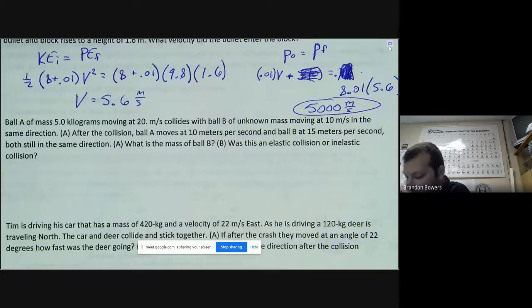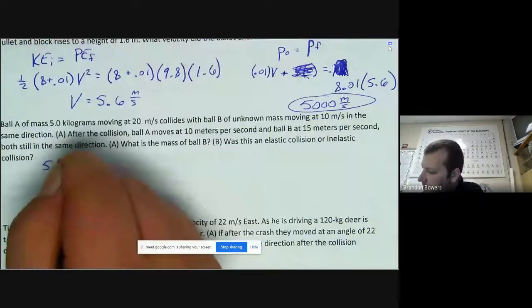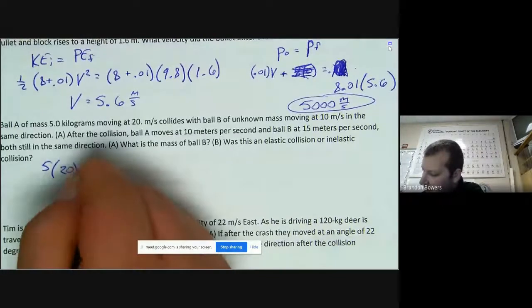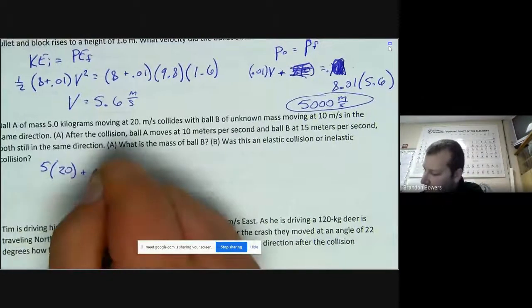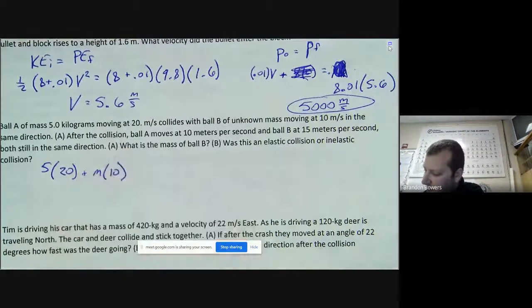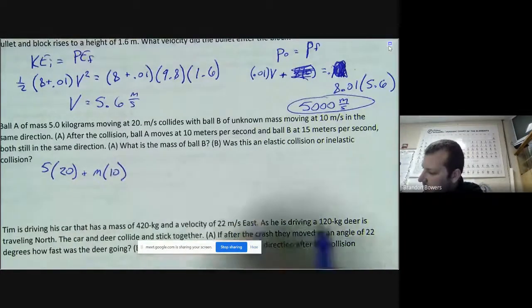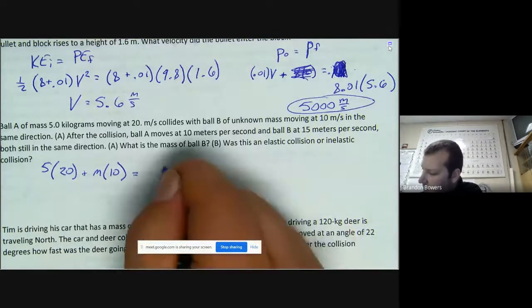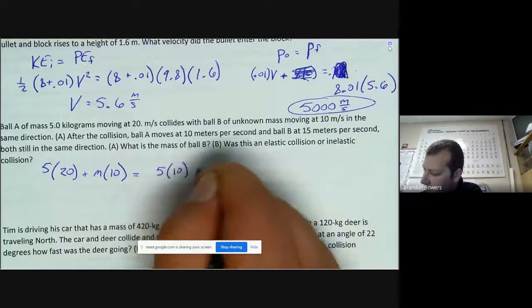After the collision, ball A moves 10 meters per second. What is the mass of ball B? So you're going to have 5 times 20, plus we don't know the mass times 10, equal to what happens after the collision.